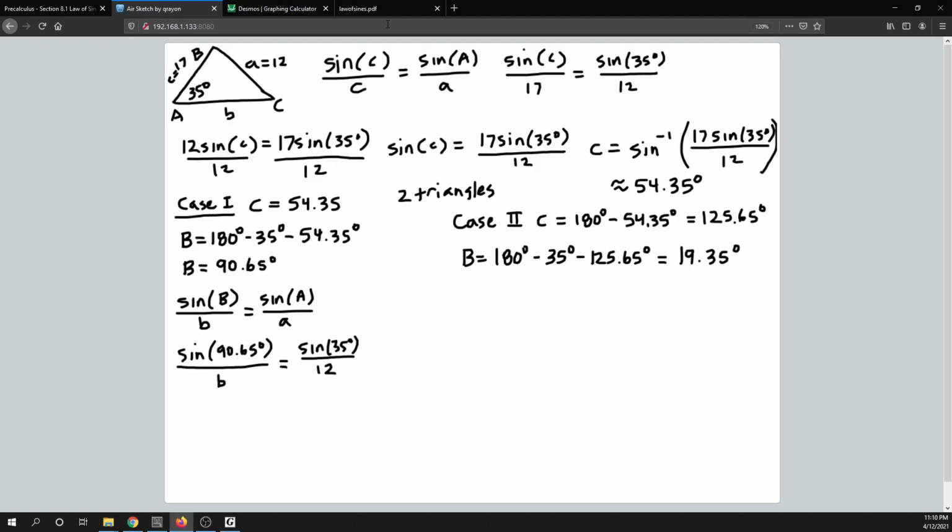All right, cross multiply, I get B times the sine of 35 degrees equals 12 times the sine of 90.65 degrees. And so B would be equal to 12 sine of 90.65 degrees divided by the sine of 35 degrees.